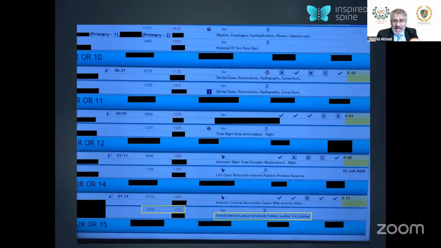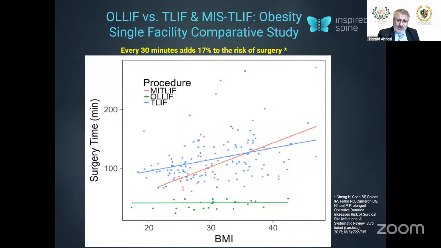But this is still happening. Don't look at conferences and the people you talk to. Reality on the ground is very different. This is our study that we published that shows, even though it makes sense, with higher BMI, the red line, the TLIF becomes lengthier, and the other thing correlates with that.